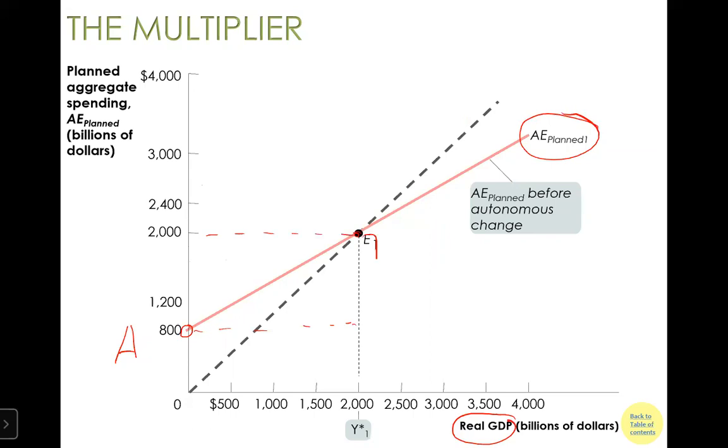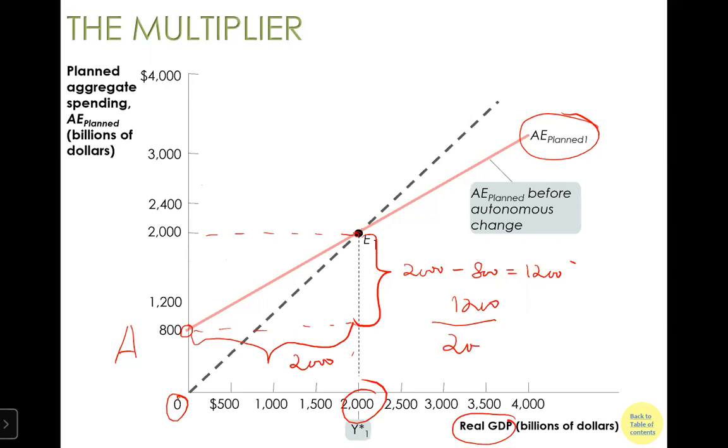The difference here is 2,000 minus 800 equal to 1,200, and the distance from 0 to 2,000 is 2,000. So the slope of this line equals 1,200 divided by 2,000, equal to 0.6.